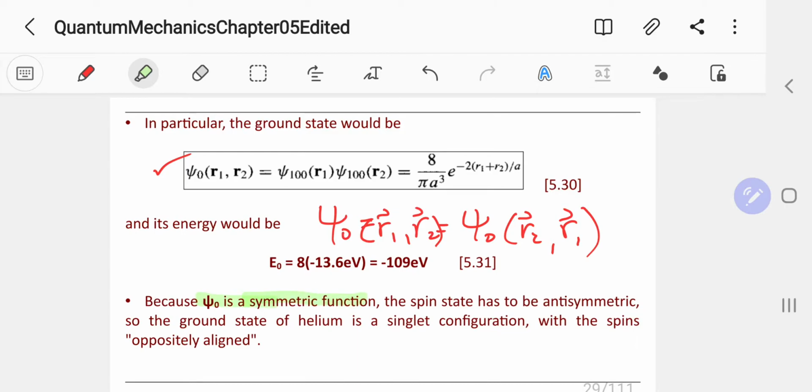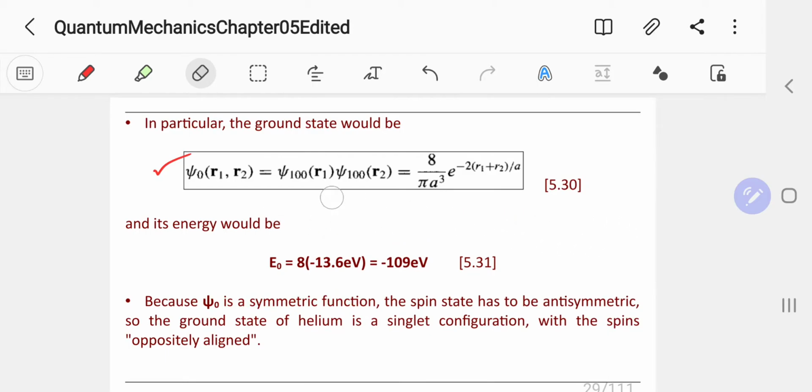Phi sub o is a symmetric function. So the two electrons should be anti-symmetric, meaning one electron should be spin up and the other one should be spin down. And that makes the ground state of helium to be a singlet configuration. You know what singlet configuration is in chapter 4.